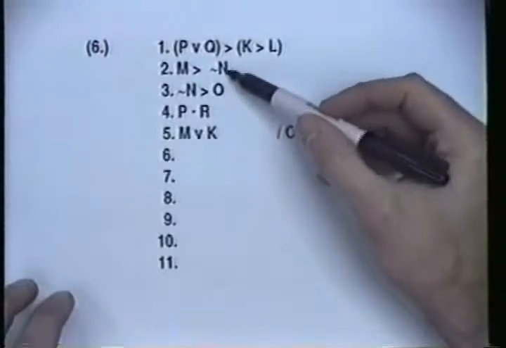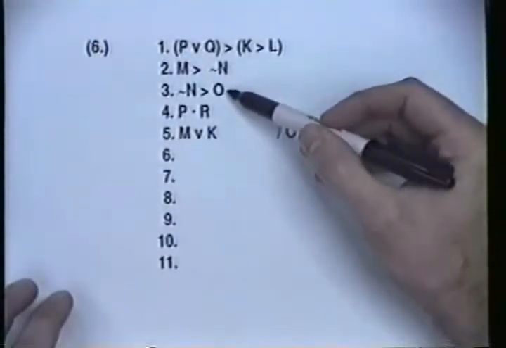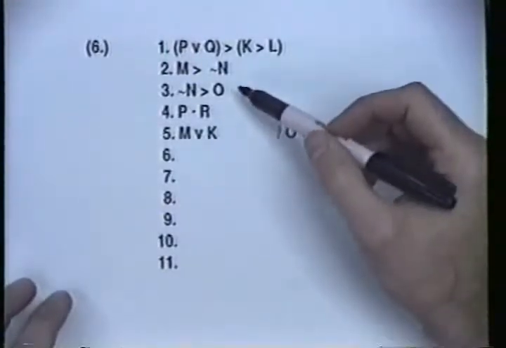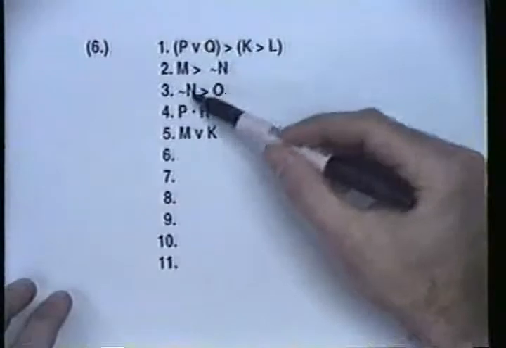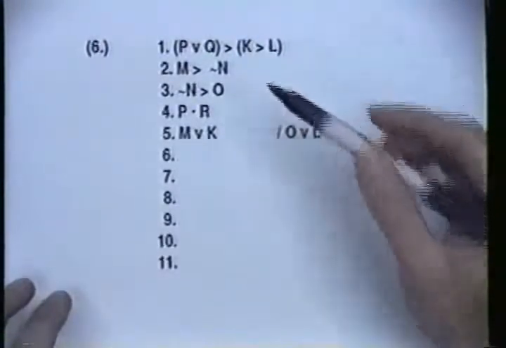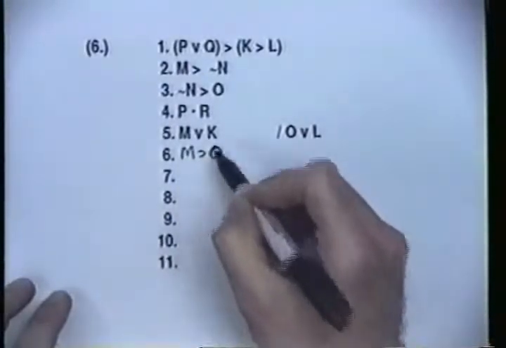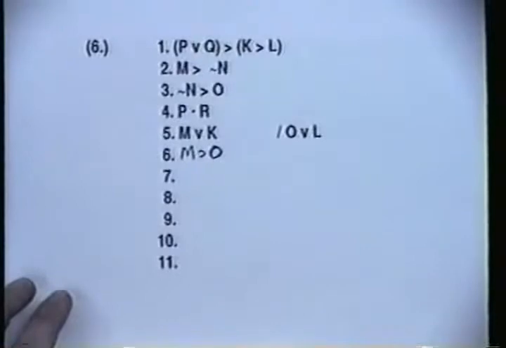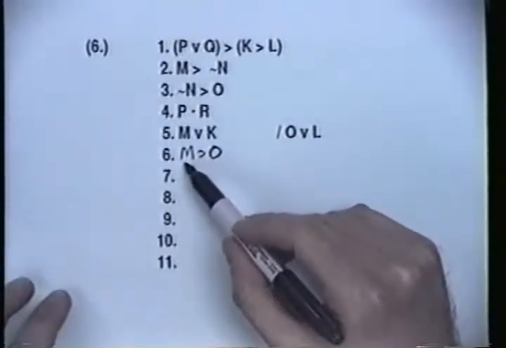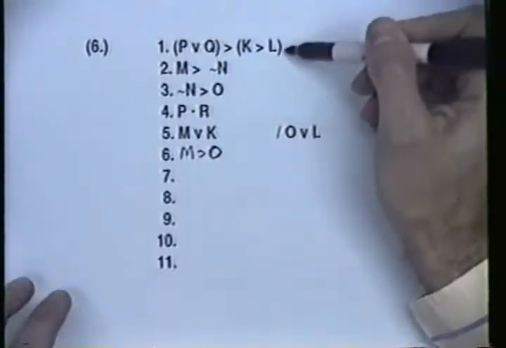The next thing to notice in this case is that 2 and 3 have that suspicious character that allows you to use hypothetical syllogism. Remember, they share here the not N. So by doing hypothetical syllogism on 2 and 3, we would get the line M hooks O. Now we have this conditional whose antecedent is M, and let's assume we can get the K hooks L out of line 1.